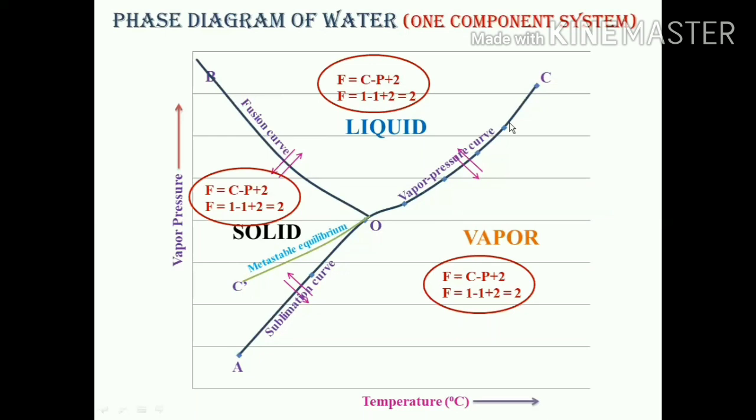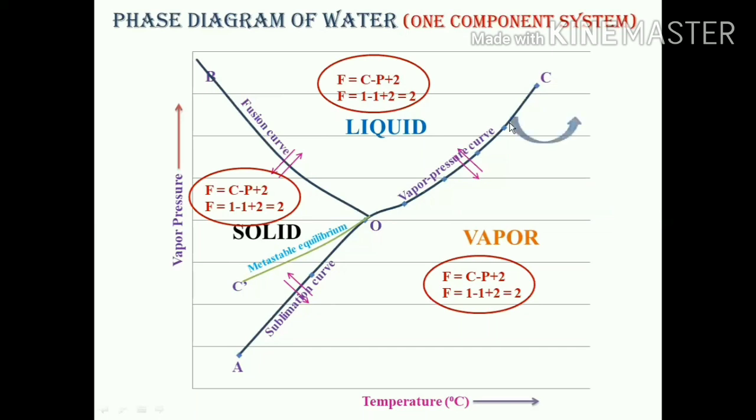The areas in the diagram represent the conditions of temperature and pressure under which only one of the three phases, namely ice, water, or vapor, is capable of stable existence. So in order to define the system completely at any point in the area, it is essential to spell out both the temperature and pressure, like we did for the curves also.